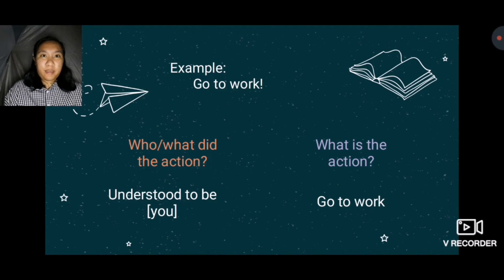In this statement, there is no noun nor pronoun, but we can identify the subject because this statement is directly stated to the recipient, which means that our subject will be understood to be you. And what is the action? Go to work.